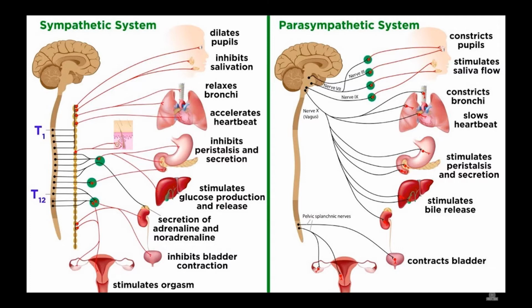And in the sympathetic system, you can see that when we're talking about what it's going to affect, well, it's going to dilate the pupils. Why? So that you allow more light into your eyes because you're being activated. You need a very good vision of the environment if there's danger. It inhibits or turns down salivation.